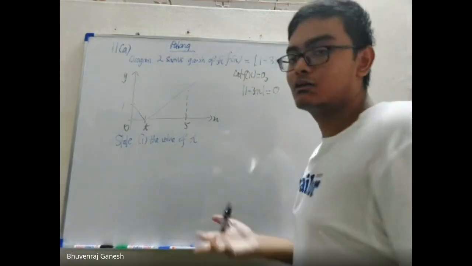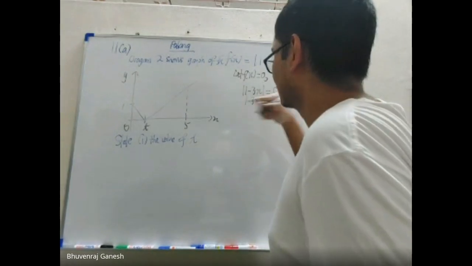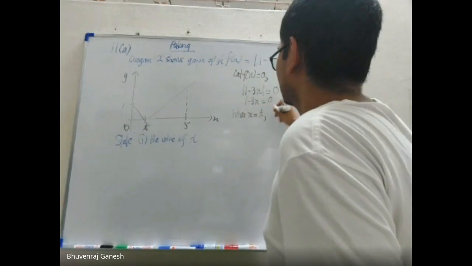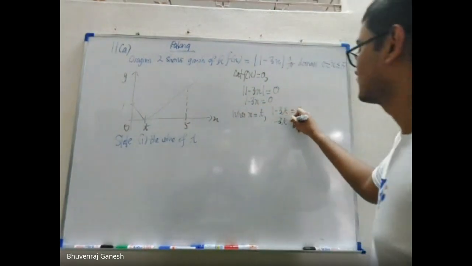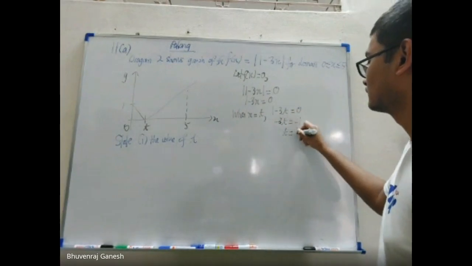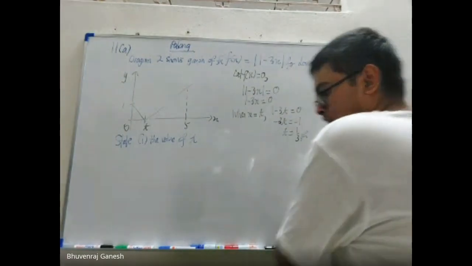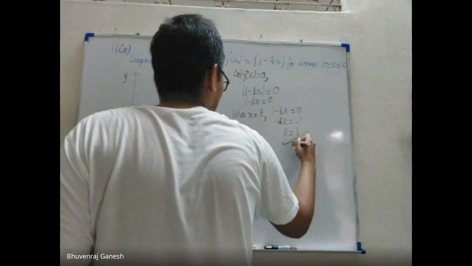If it's 0, it won't affect anything. So 1 minus 3x is 0. You can say when x is t, just to shift the variable to t. So you can say 1 minus 3t is 0. Negative 3t is negative 1. T is 1 over 3. Done. So you already state your value of t. So that one is only 1 mark. So final answer, you get 1 mark here.